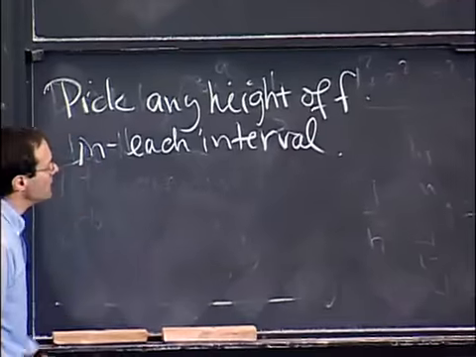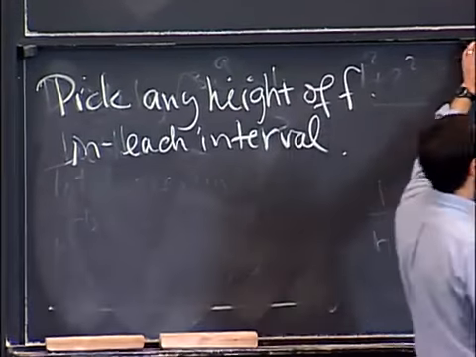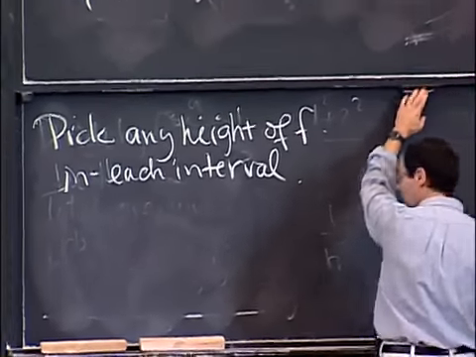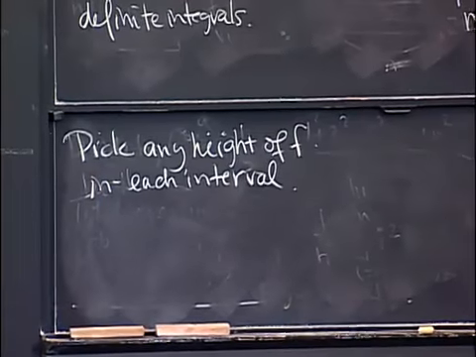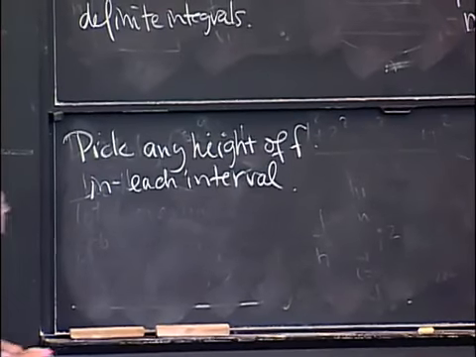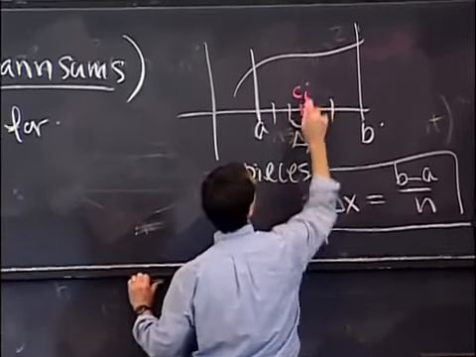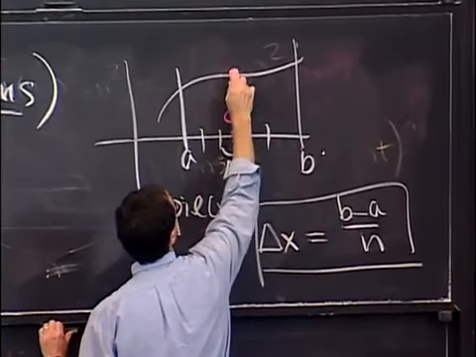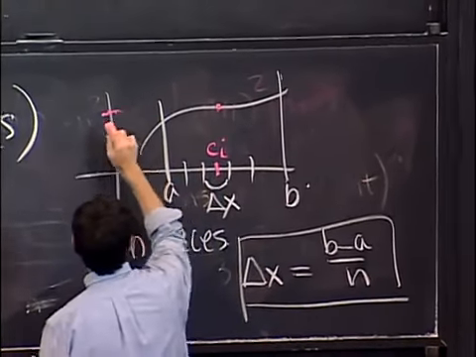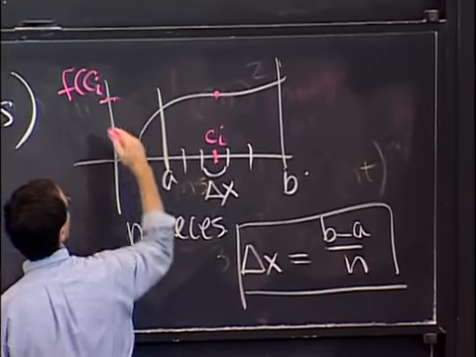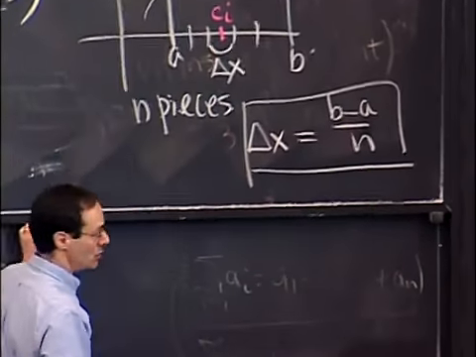So what that means is, let me just show it to you on the picture here, is I just pick any value in between. I'll call it Ci, which is in there, and then I go up here, and I have the level, which is f of Ci, and that's the rectangle that I choose.